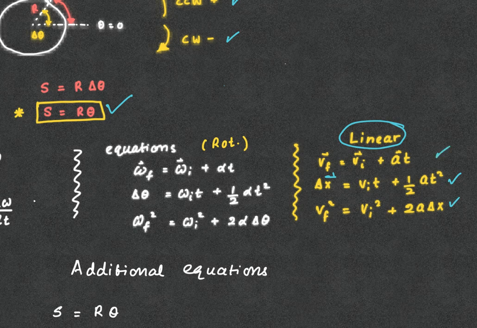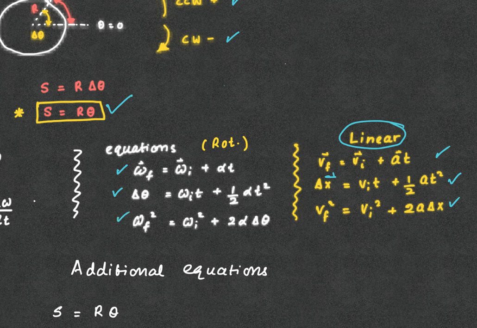And then the rotational motion, pretty much the same form. All you are doing is calling velocity angular velocity. So the first term here: angular final velocity equals angular initial velocity plus angular acceleration times t, and then the same form for the rest of the equations.